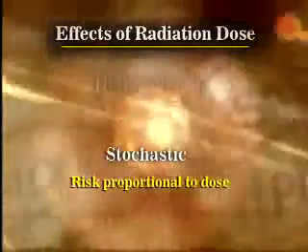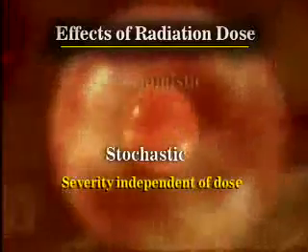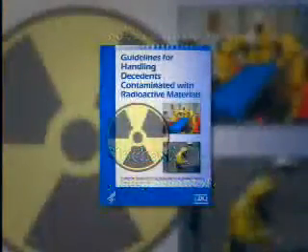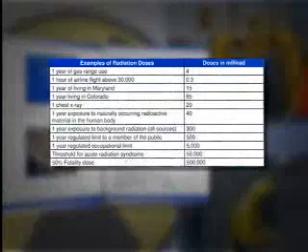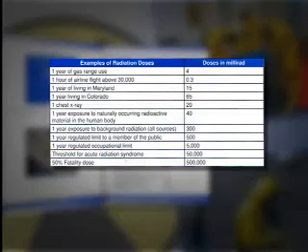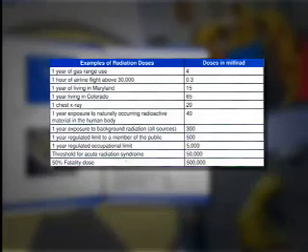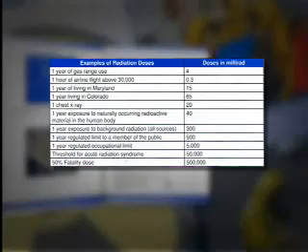The risk of a stochastic effect is proportional to the dose, but the severity of the effect is independent of the dose. This table from CDC's printed guidelines enables medical examiners, coroners, and funeral directors to put doses into perspective. CDC's printed guidelines contain a copy of this table. CDC recommends printing and laminating this table for use in communicating with staff and the public.